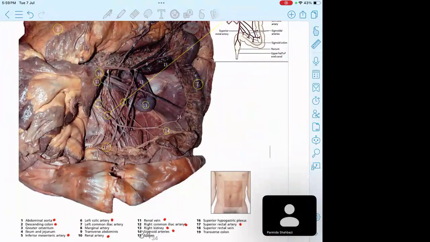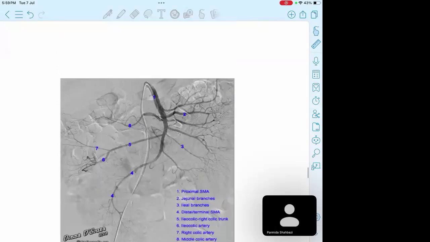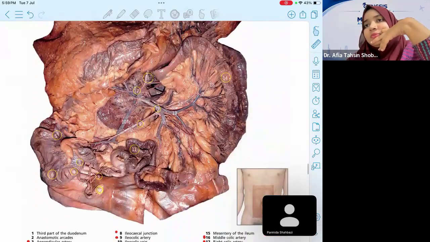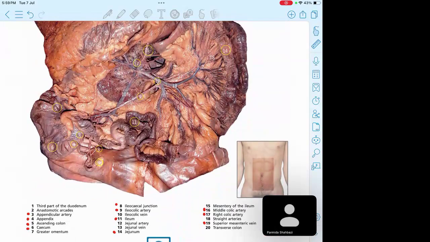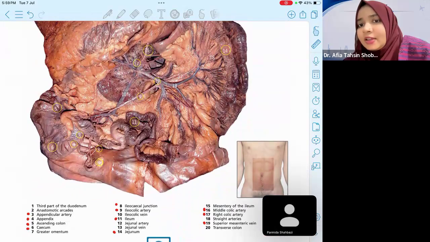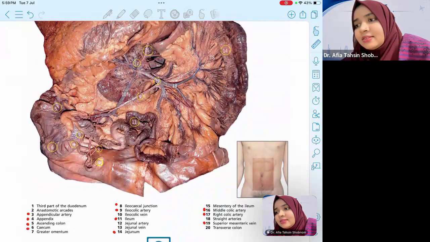Right. And could we go back to the superior mesenteric artery picture? This one. There isn't any aorta, right? Okay.